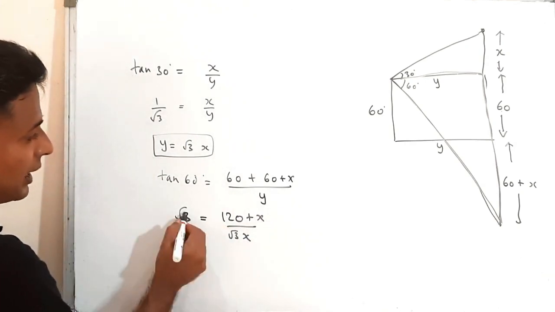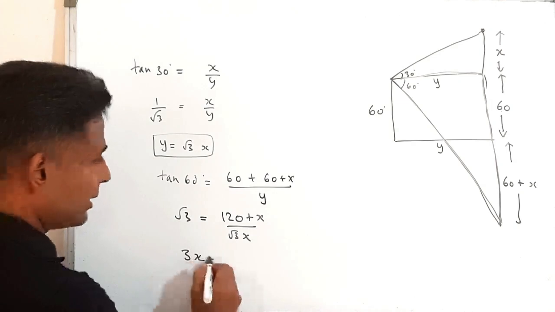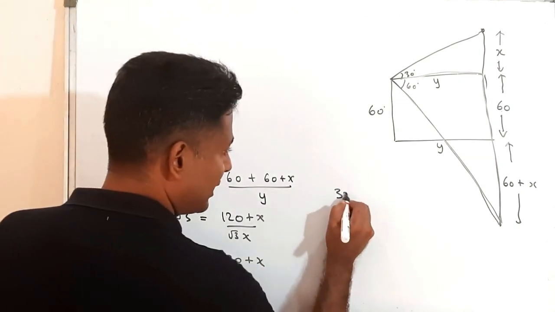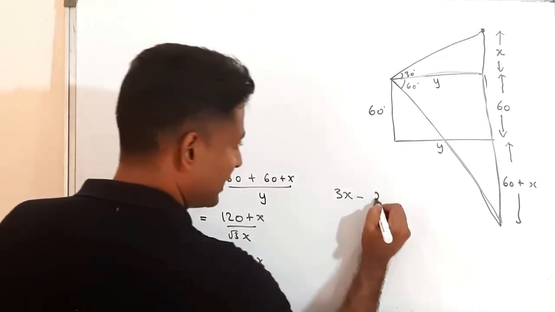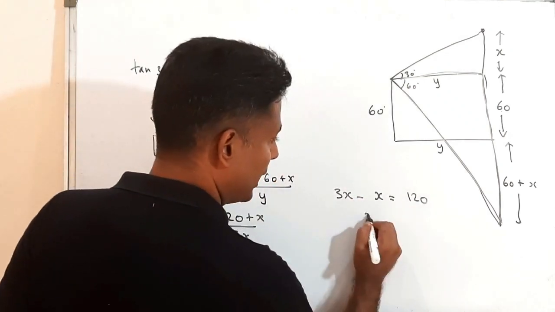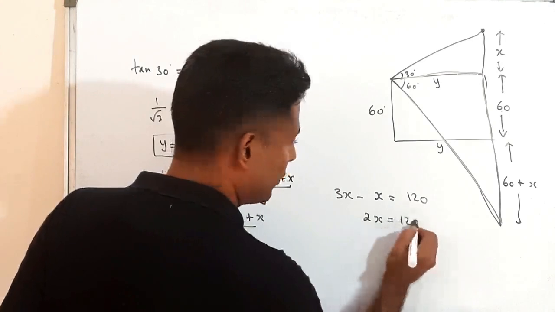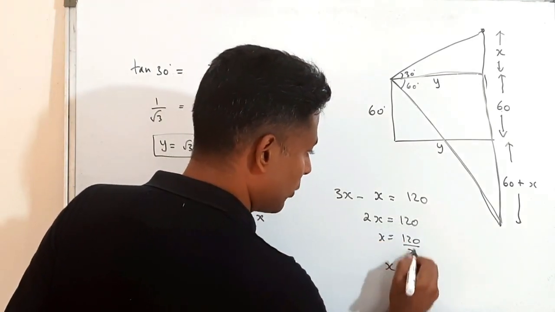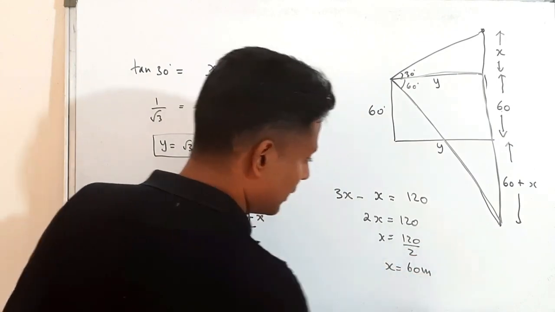When I transpose, root 3x into root 3, 3x equals 120 plus x. Now transposing x this side, 3x minus x equals 120. So 2x equals 120. So x equals 120 by 2, so x equals 60 meters.